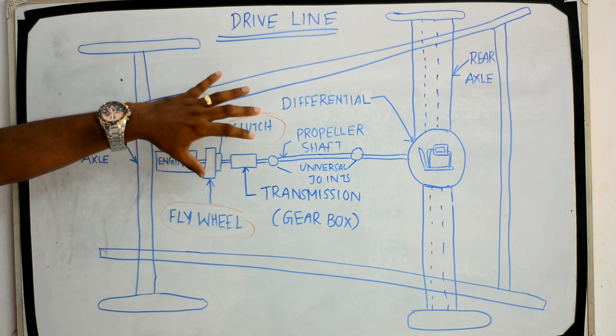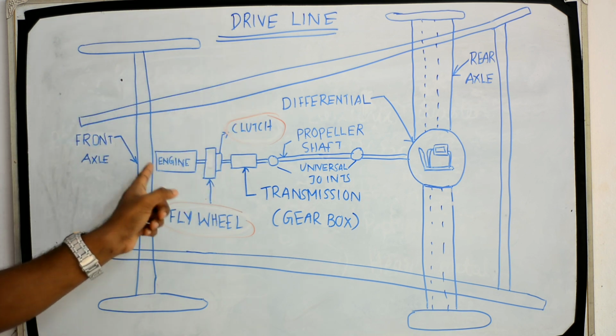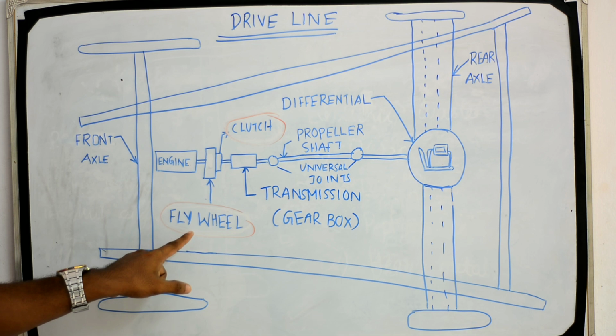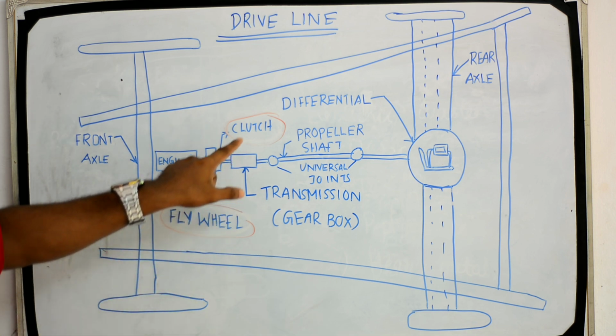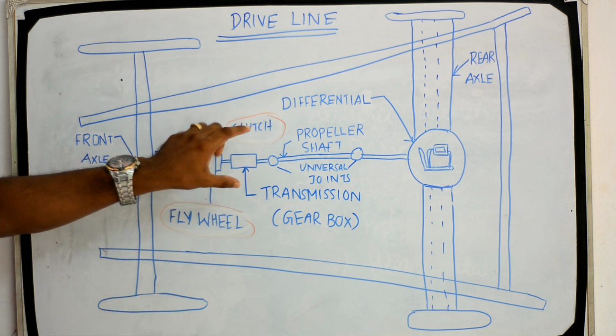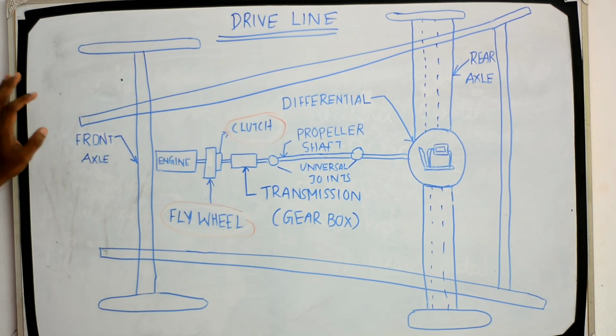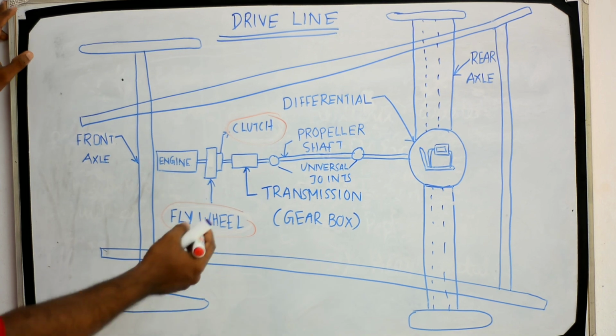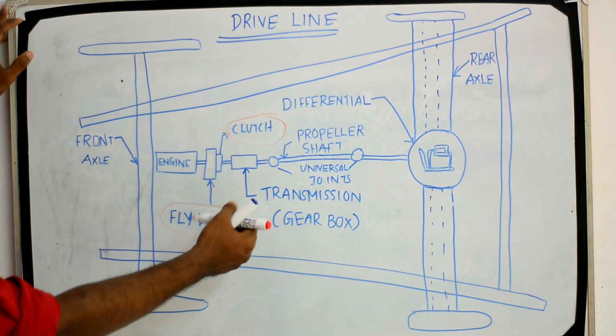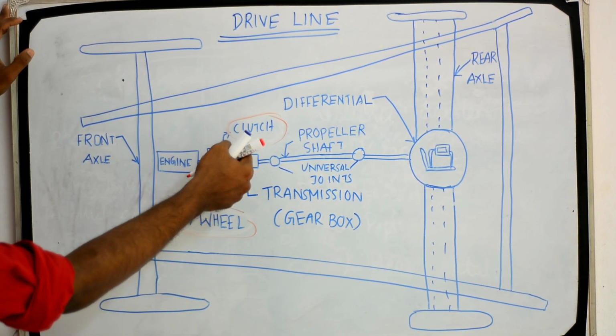When engaged, the power from engine is transmitted to flywheel and from flywheel to gear shaft through clutch. So that is a very important point.